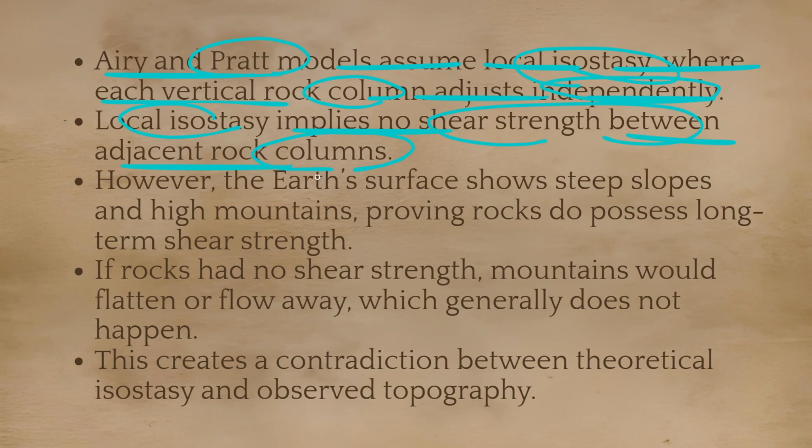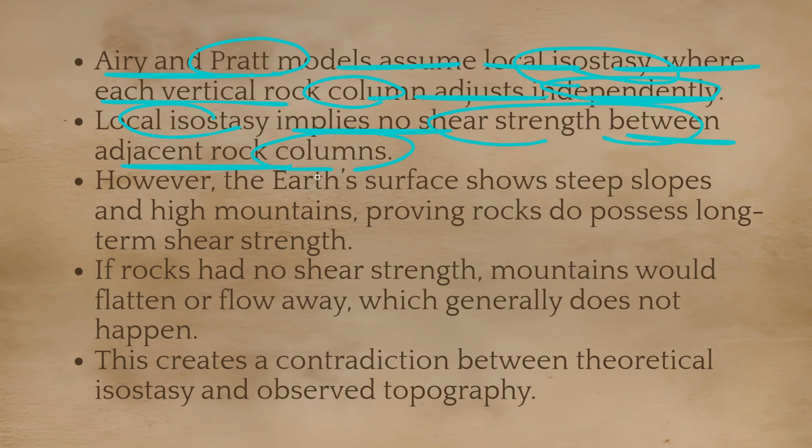So if this local isostasy occurs, it implies no shear strength. So what does shear strength mean? It is the resistance of rock or soil to deformation or sliding under sideways stress. That means if you put stress on the rocks, their ability to resist the deformation is called the shear strength.